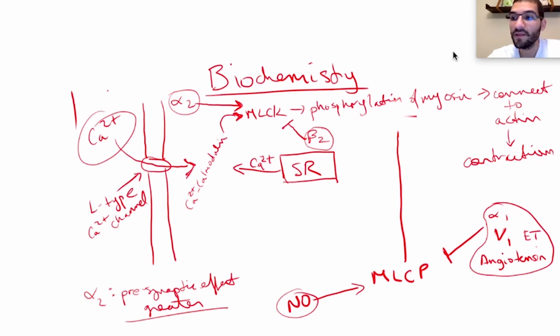So the alpha 2 presynaptic effect, which decreases norepinephrine release from the neuron to the smooth muscle cell, overwhelms any effect that alpha 2 may have directly on MLCK. As a result, alpha 2 agonists, such as clonidine, actually lead to vasodilatation and therefore hypotension. Okay? Hence my comment on the bottom left that says presynaptic effect is great.